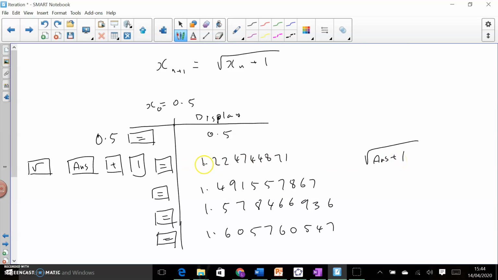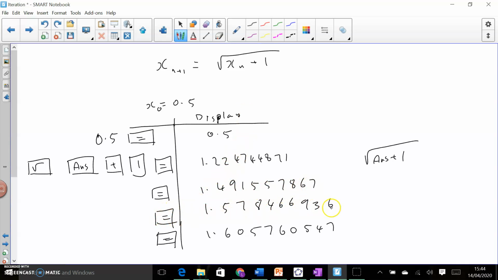And then when you press equals, you get that value, 1.224744871. To get the next value, you only need to press equals again, because that value becomes the answer. So you're substituting the next value, x1, into the formula, and that will give you x2.